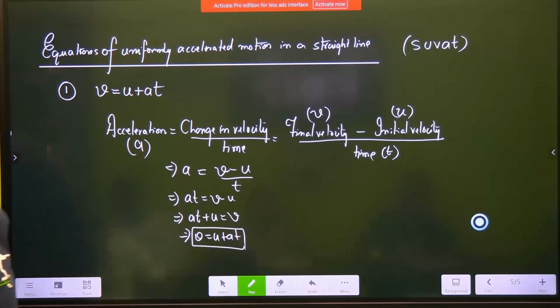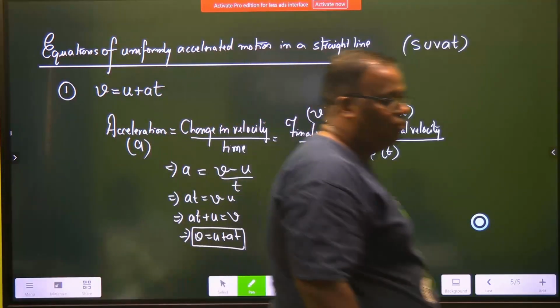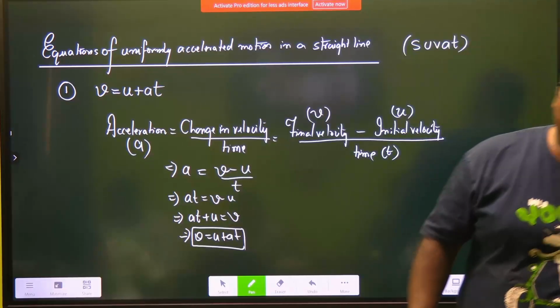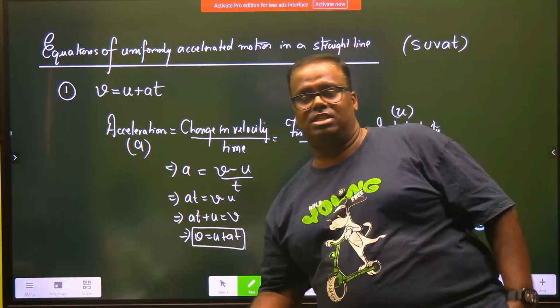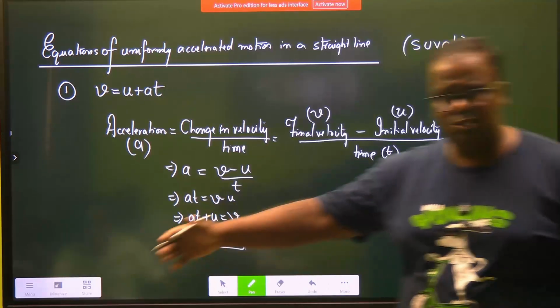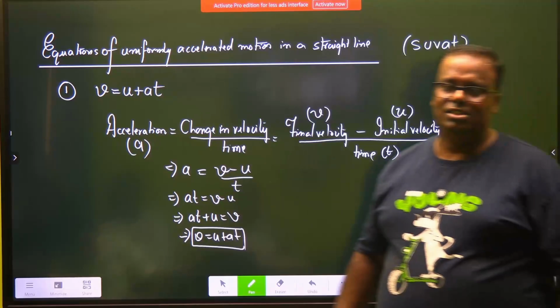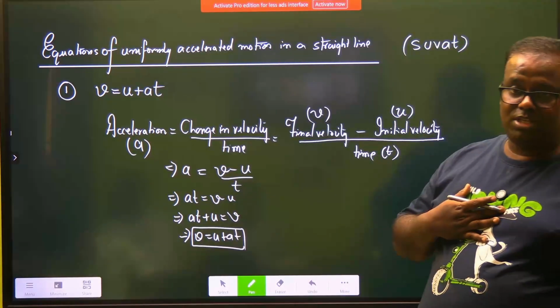So, S is basically distance or displacement. From now onwards, displacement. Because we are in a straight line, all our distances are also displacement. In a straight line, distance can be measured, and that is the displacement.